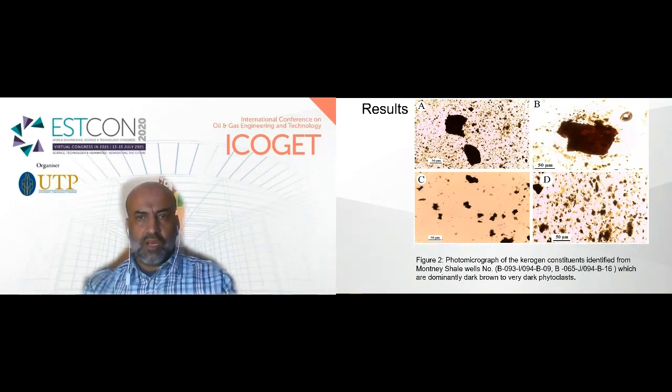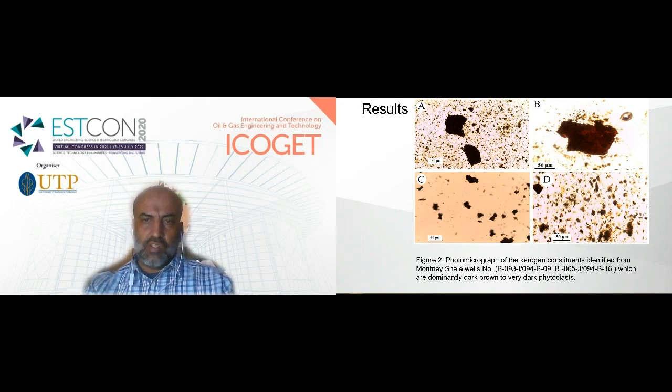There were some palynomorph fragments, but could not be confirmed due to their high degradation and very dark color. Hence, they were considered as phytoclasts. Phytoclasts and opaque particles of equant size were much more common than lath-shaped ones, especially in the well B65J.